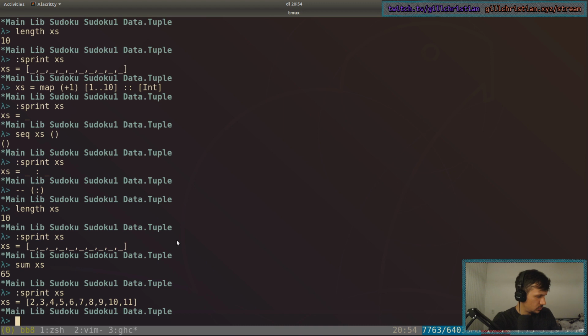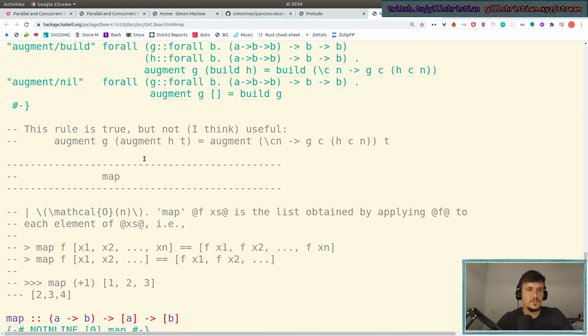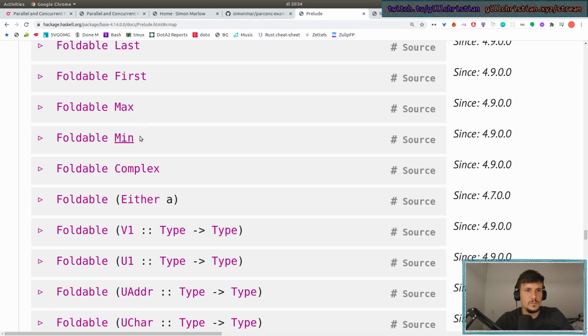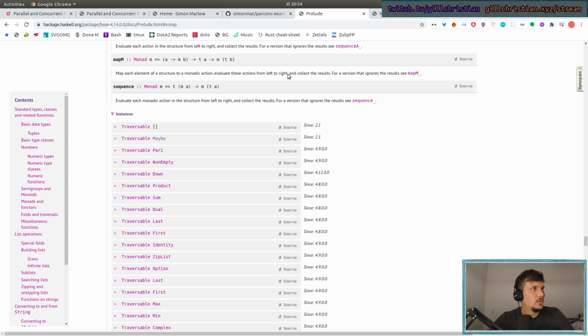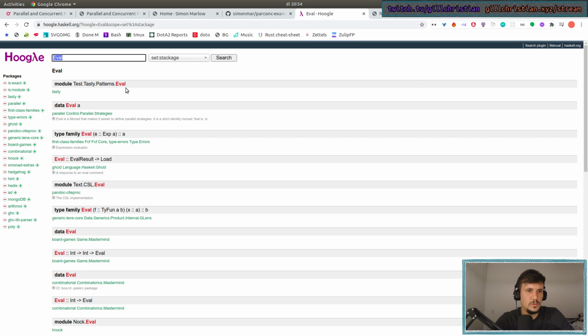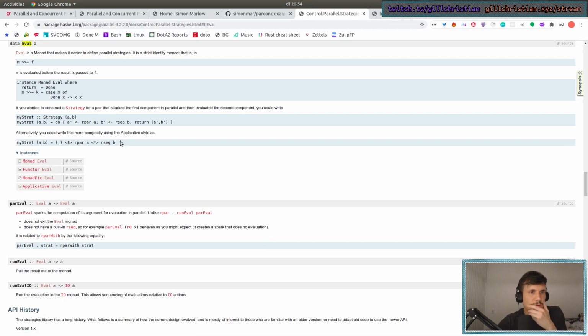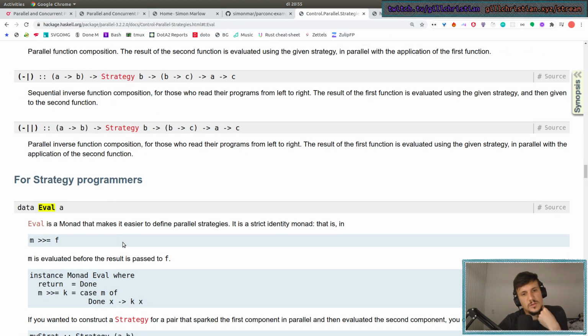And now let's go to the Eval monad. So it's a monad that makes it easier to define parallel strategies.